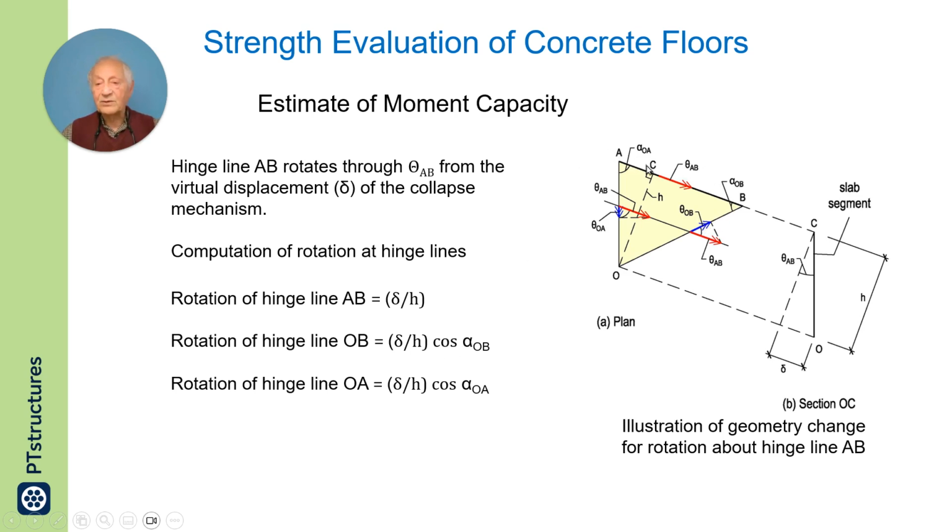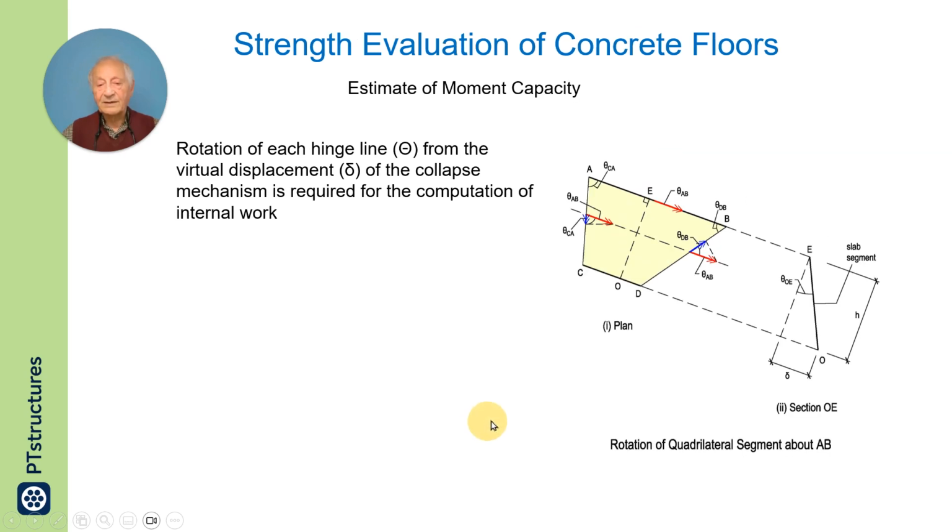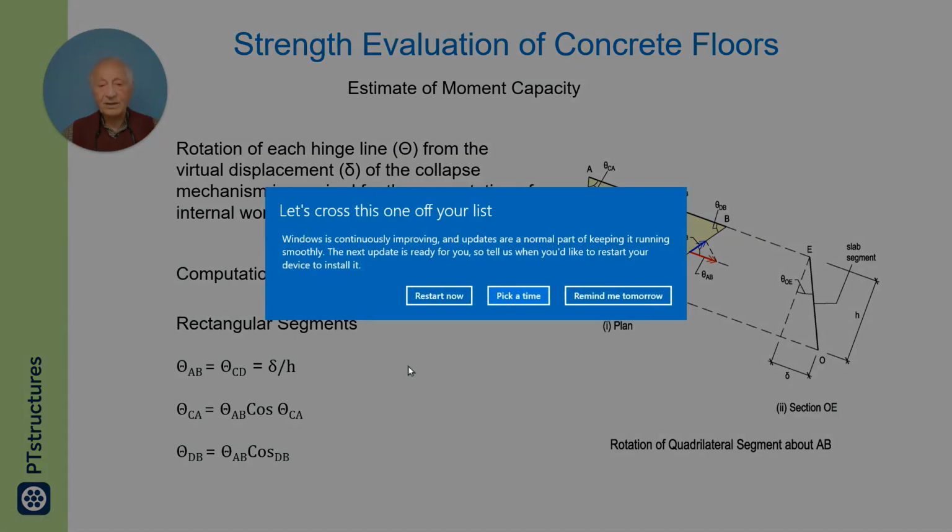You have the rotation of the plate here. You have to multiply it by the cosine of this angle for one and the other angle for the other. So these are the rotations. And if you have a quadrilateral, it will be somewhat similar. This will be a straight line, but these two will also rotate. Their amount of rotation depends on the rotation here and their orientation.